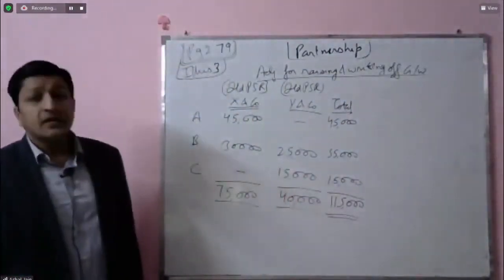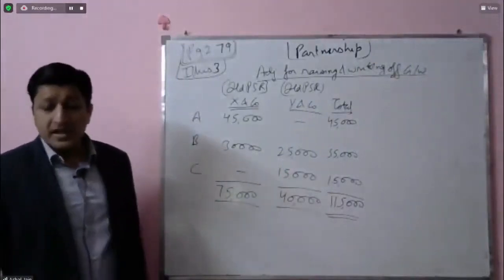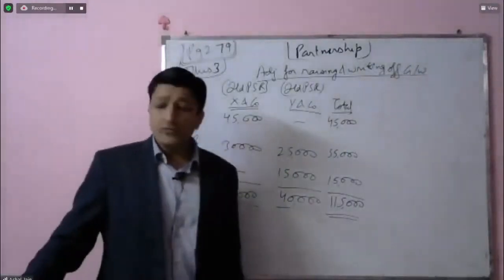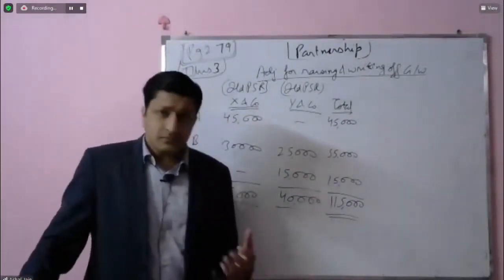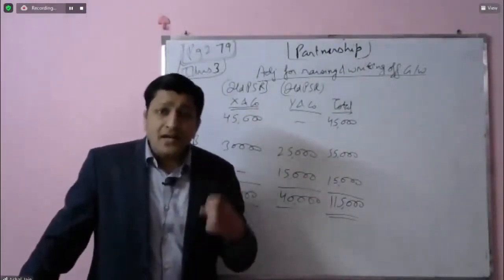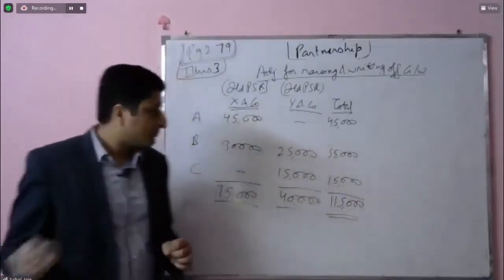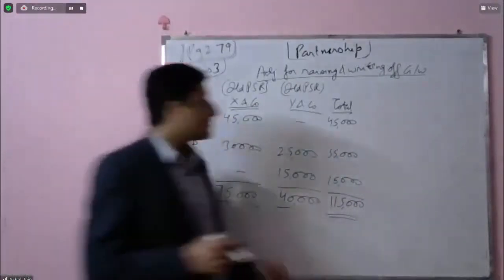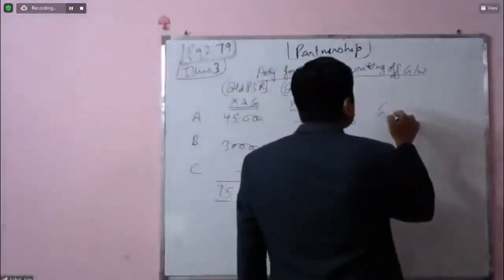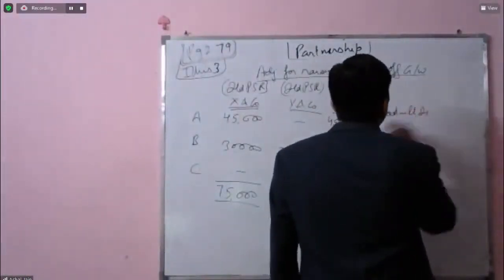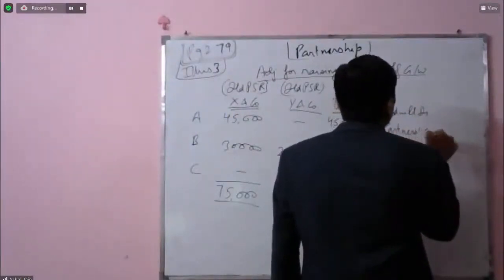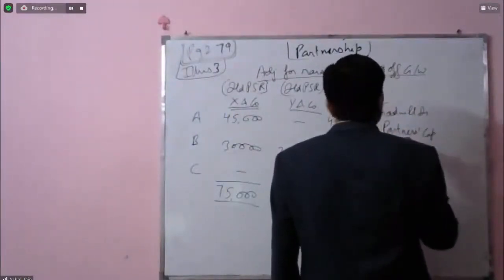Now, under the new scenario, means under this new profit sharing ratio, what is required to be done? When these partners will get the goodwill amount, what's the accounting entry which will be passed? Goodwill debit to partners capital.